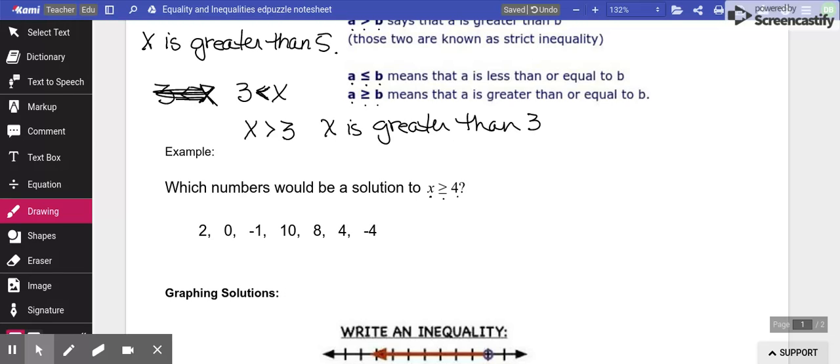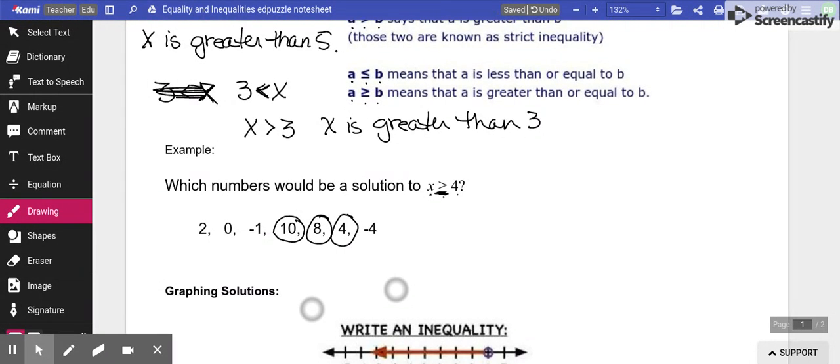Okay, and we can go through each one. 2 greater than 4? No. 0? No. -1? No. 10 is greater than or equal to 4. 8 is greater than or equal to 4. And 4 is equal to 4, so that would be one of our answer choices. -4, not one of our answer choices.